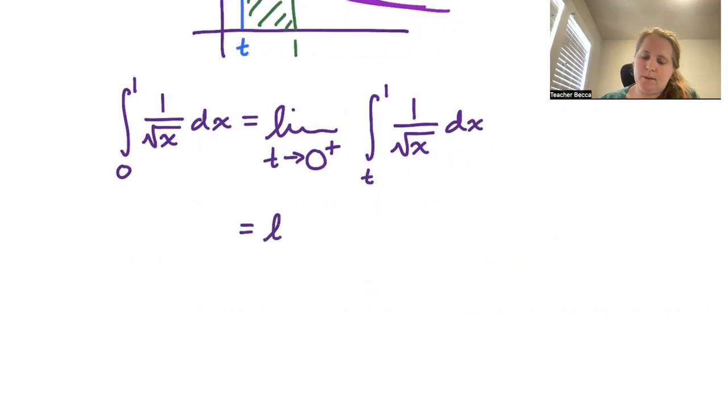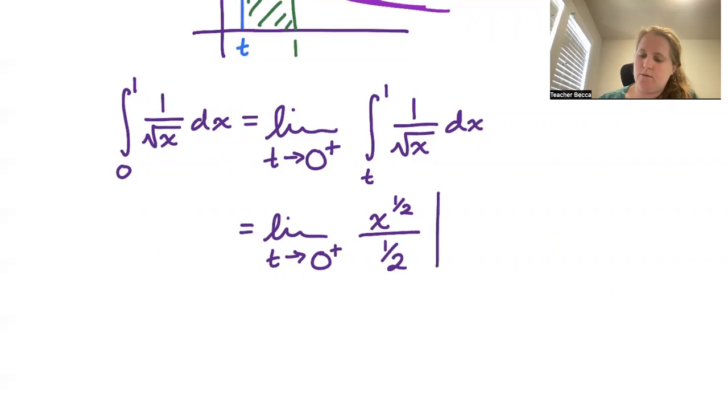This is simply the limit as t approaches 0 from the positive side of, 1 over square root x is x to the negative 1/2. That goes to x to the positive 1/2, and then we would have to divide by 1/2, evaluated from t to 1.